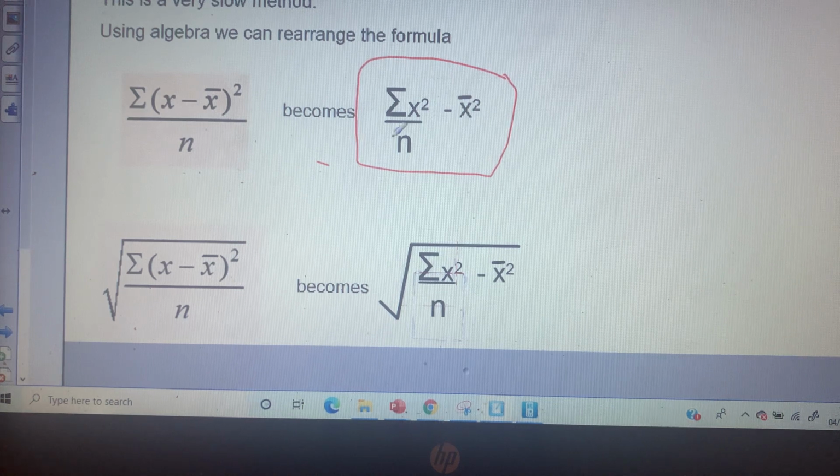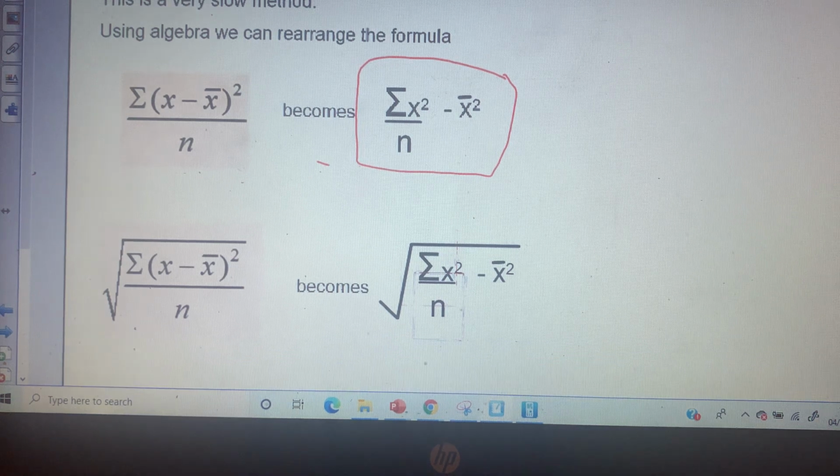So this is the formula that we would use, and again, this will be given to you in your formula sheet. So what it means is you square all the x values and then you divide by the number of x values, take away the mean squared.